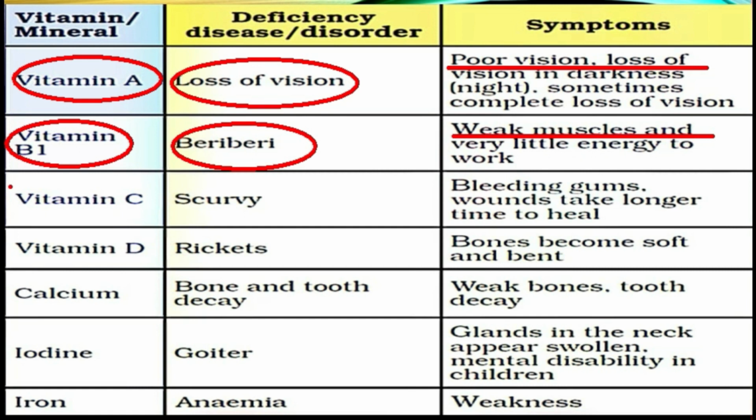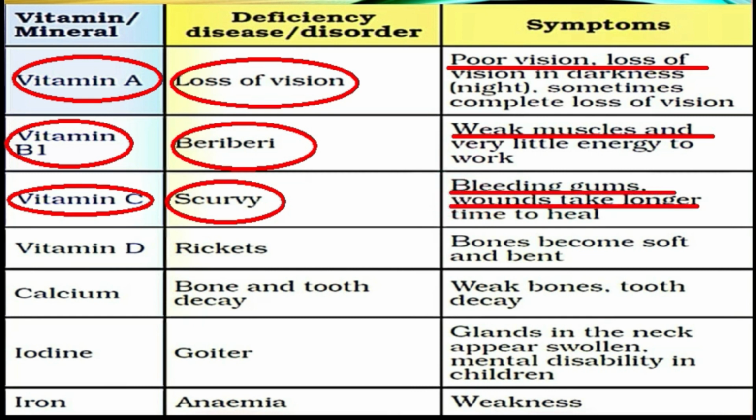The third vitamin is vitamin C, and deficiency of vitamin C causes scurvy, and its symptoms are bleeding gums, and when we get wounds in any part of our body, it takes a longer time to heal if we eat a diet that is deficient in vitamin C.